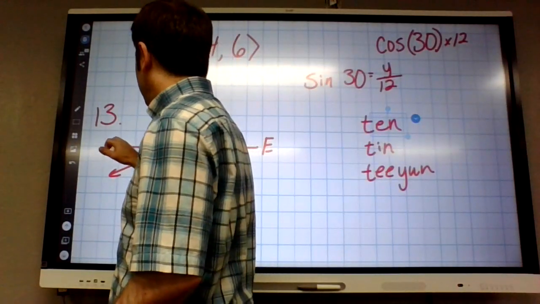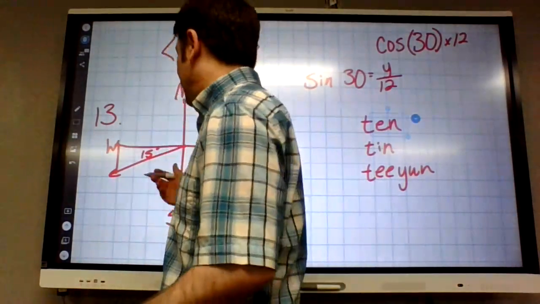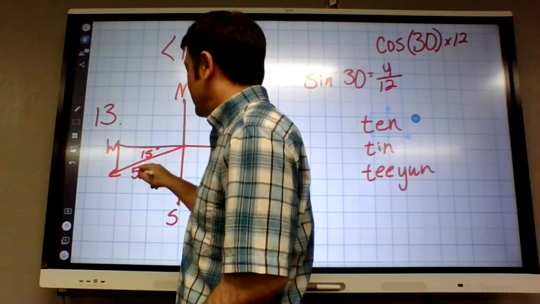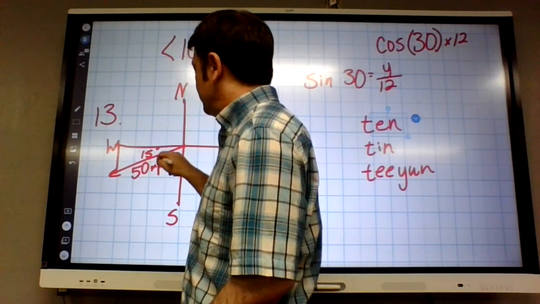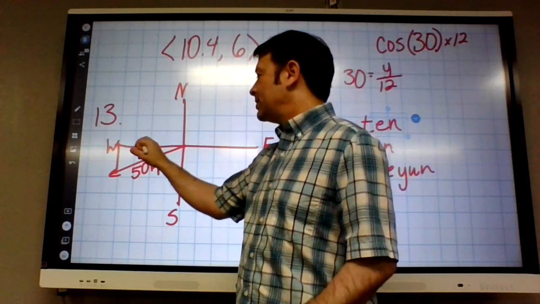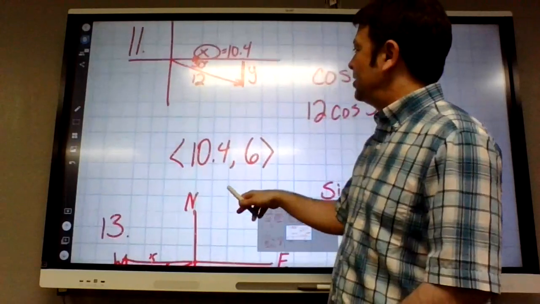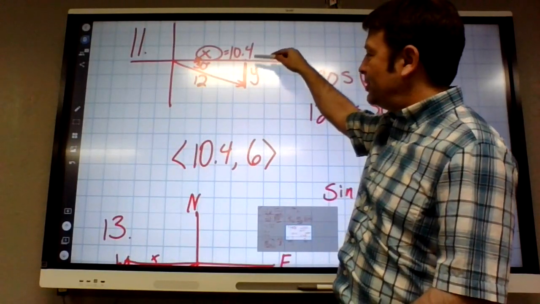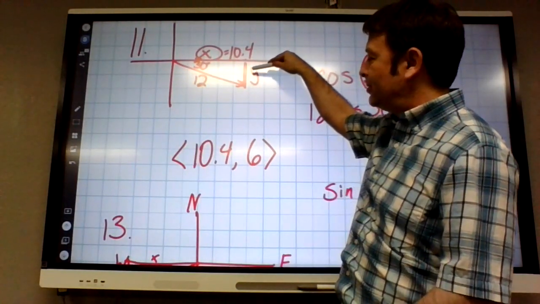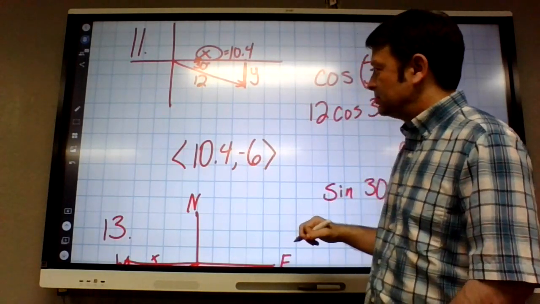Okay, so we need the components. The length of the vector is 50. It says 50 miles an hour, but that's still the length of the vector. So we need the x component and the y component. Notice on this one, I screwed up on the last one. The y component on number 11 is going down, so we actually should have made this a -6.